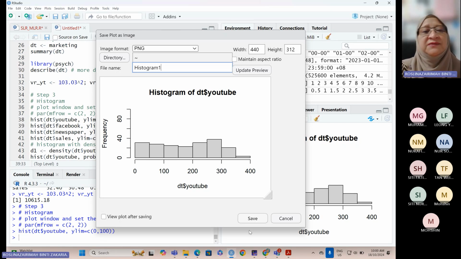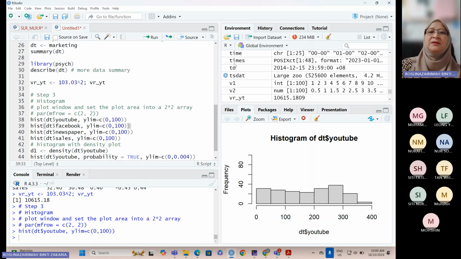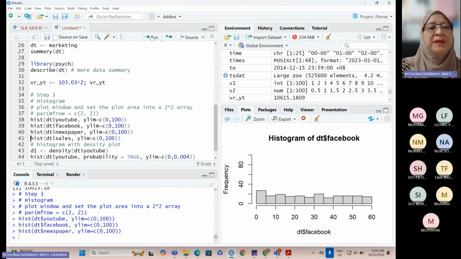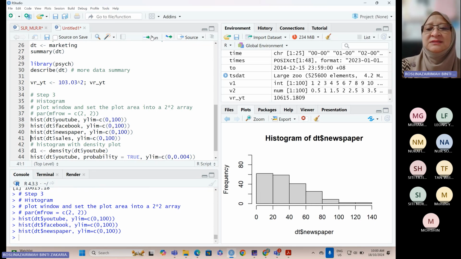Then save as usual. So I can run for Facebook, draw a histogram for Facebook, for newspaper and for sales.